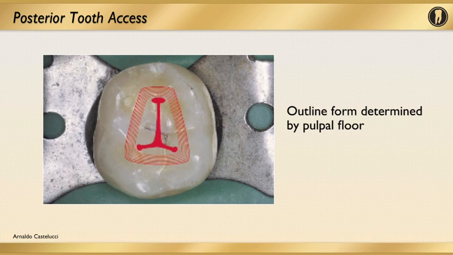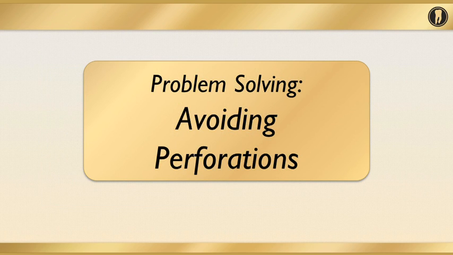As you can see with the radiograph or the picture in front of you, the anatomical reality is completely encompassed within the outline of the eventual canal preparation. This can also help us avoid many problems that may limit our success, and those could be avoiding perforations.